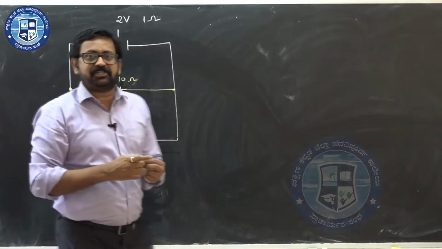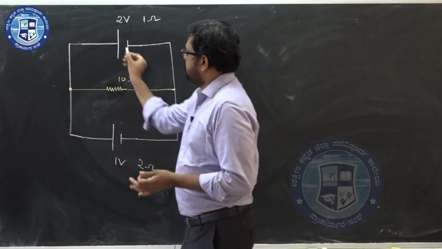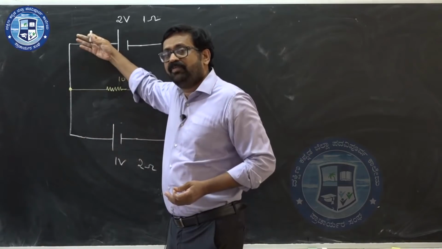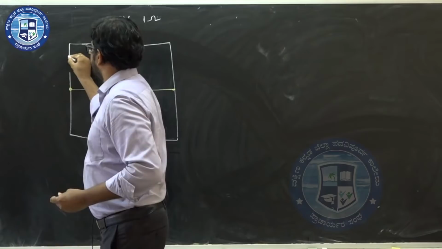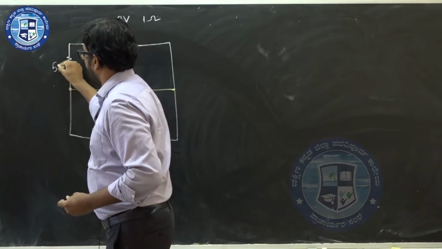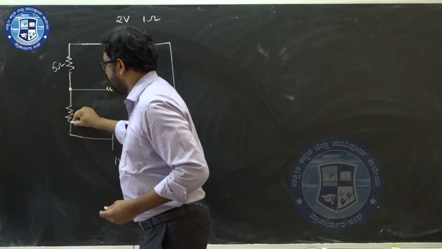Since it is clearly mentioned that their midpoints are joined, and since this wire is of resistance 10 ohm, can I equally divide it as 5 ohm for the upper part and 5 ohm for the lower part, right? Here also I can say there is a resistor of resistance 5 ohm. Here also I can say net resistance in this part is 5 ohm.